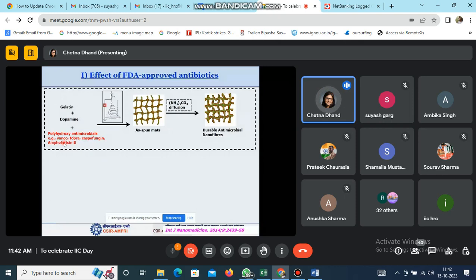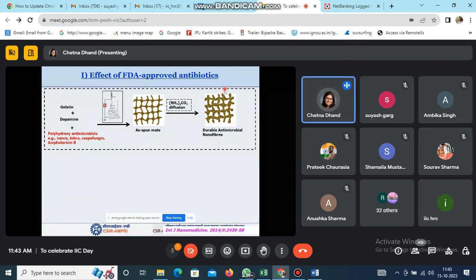For example, the vancomycin is effective against gram positive. Tobra is against gram negative. Caspofungin is basically for fungus. So we actually used different kinds of antibiotics, and with polydopamine and gelatin, we included these antibiotics in the dressings.